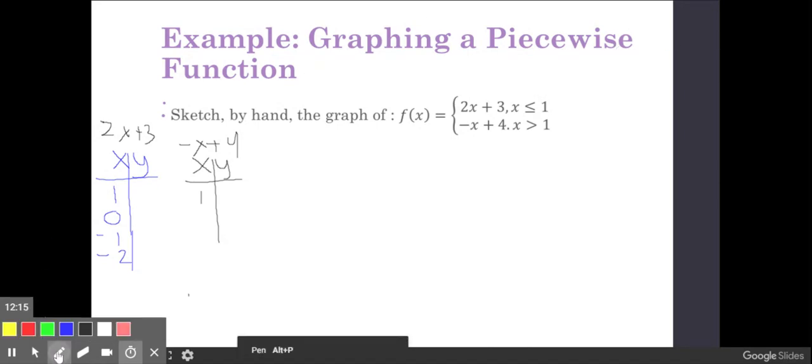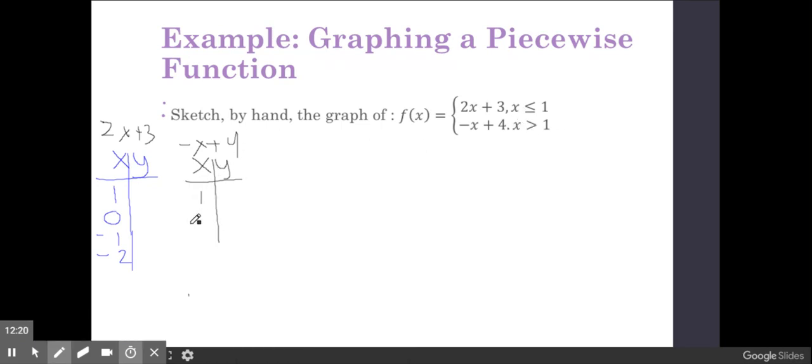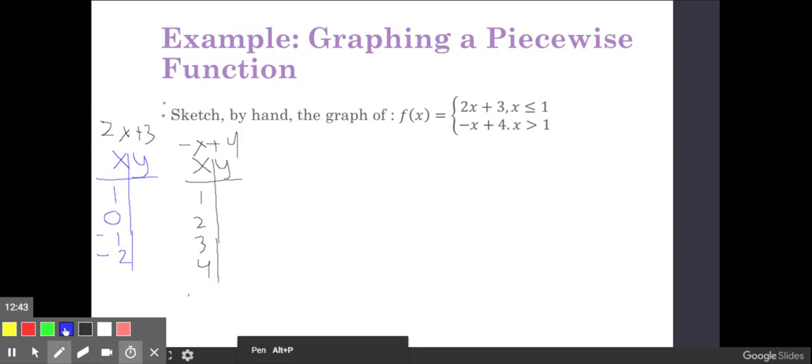For our second equation, x is greater than 1. So we want to pick x values that satisfy this. So we could say 2, 3, and 4. And now we want to go through and plug in all of these x values into 2x plus 3, and into -x plus 4, and see what we get. So when we plug in 1 for x here, 2 times 1 is 2 plus 3, we get 5. If we plug in 0, we would get 3.